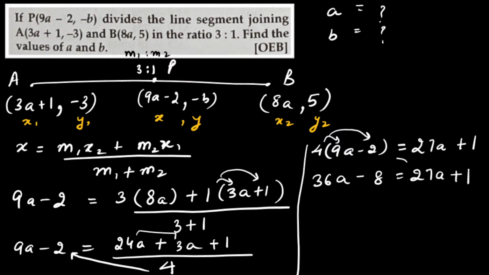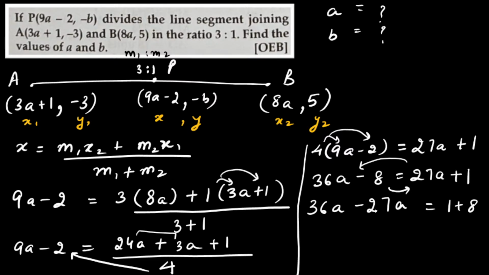Now 27a will shift to this side, as 27a and 36a are like terms. So 36a minus 27a is equal to 1, and minus 8 will shift to the other side and become plus 8.